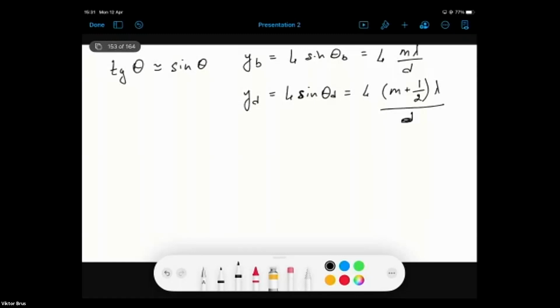So at this point, so far, we're discussing only positions of bright and dark fringes, but we didn't discuss the distribution of light intensity along the screen. So we just claimed that, okay, this is bright, this is dark. However, these equations which we derived give us information about the position of the center of bright and dark fringes.